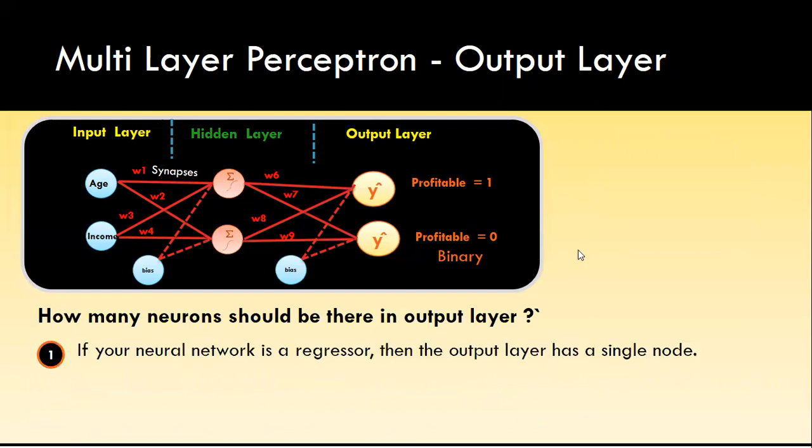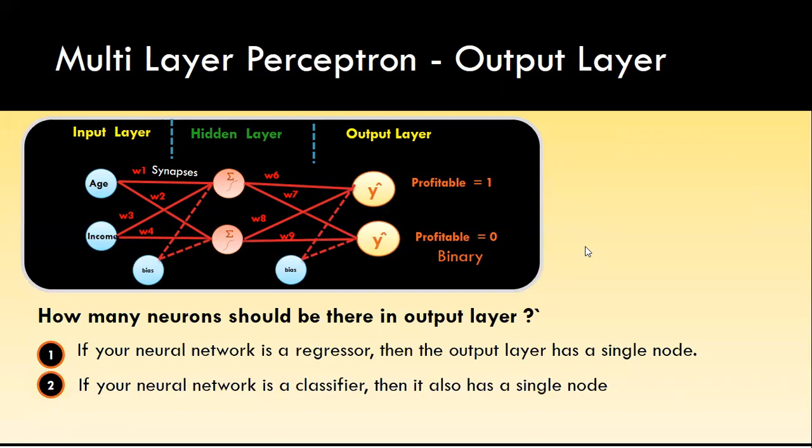Whereas if you work with a classification problem and you want this network to produce the predicted class label, even in that case a single node in the output layer is enough. If you use a probabilistic activation function like softmax, then the output layer has one node per class label in your model. For example, in this case the model has to assign the class label as profitable or non-profitable. So in that case, a single node is enough.